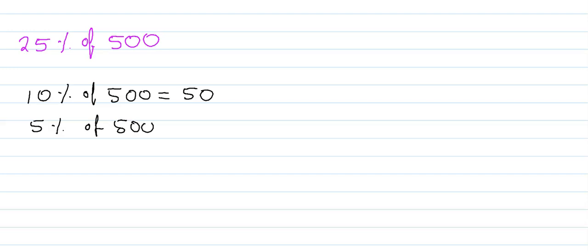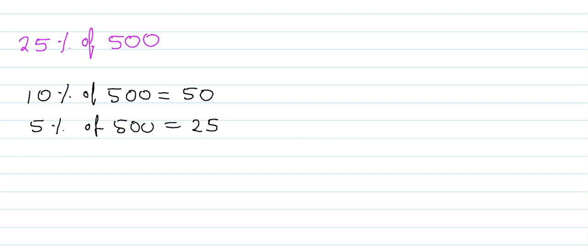Okay, so which way do you want to follow for 25%? Do 10% and divide by 2 for 5%. Okay, that's fine. 10% of 500 is 50. Then you can do 5% here. 5% of 500 will be half of this, that is 25.